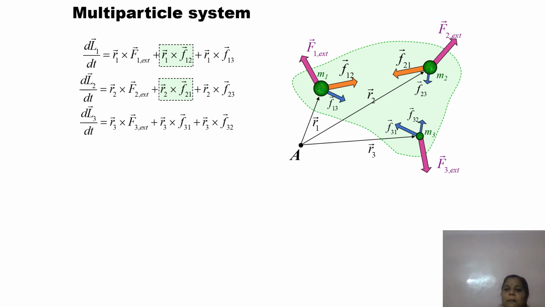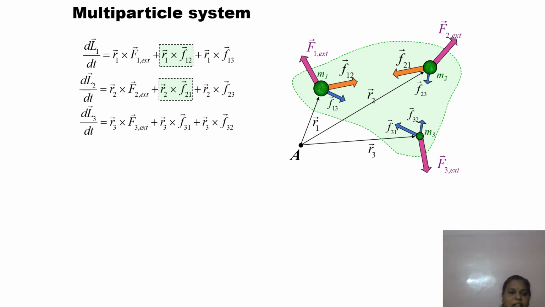Similarly, mass M2 is acted upon by an external force F2, and the force attributed to M2 has an impact on M1 as well as M3. Similarly for the third mass.